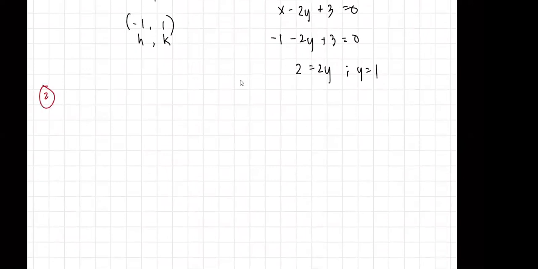So, ang x will be equals to u plus h. So this will be x = u - 1. Then yung derivative niya will be dx = du. Okay? For y, we have v plus k.